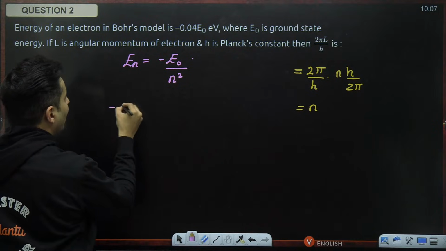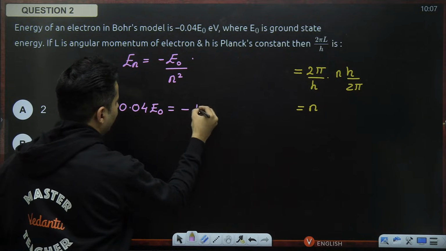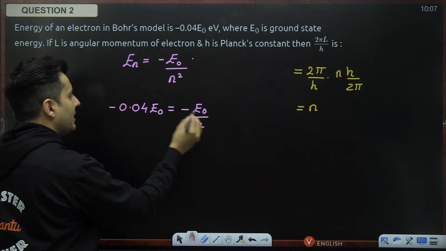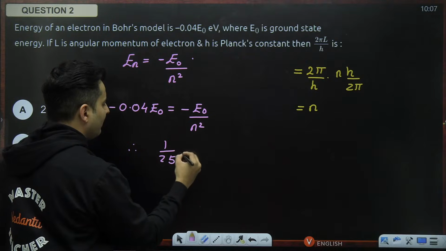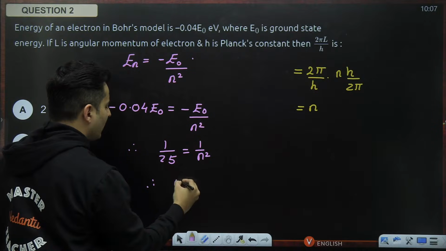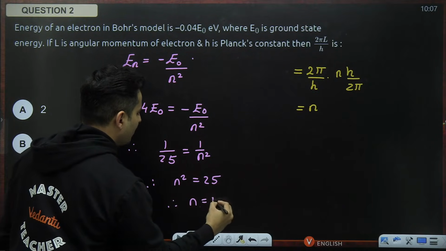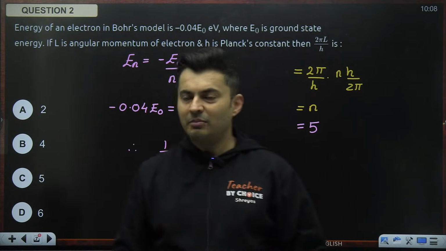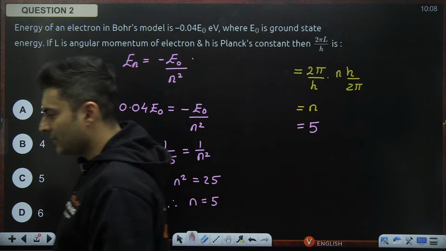This is given to be minus 0.04 E naught, and this is negative E naught divided by n square. Negative negative will cancel, E naught will cancel. 0.04 is 1 by 25, and this is 1 by n square. So taking square roots on both sides, because n square is 25, n is equal to 5. Hence, the answer will be just the number 5. Is that clear, guys? Option C is the right answer.